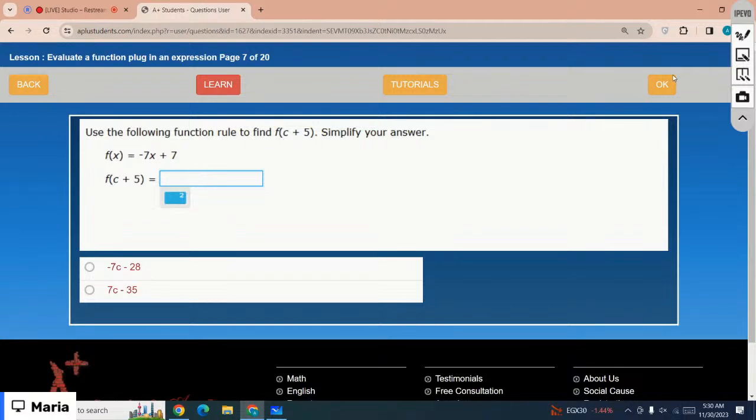Use the following function rule to find f of c plus 5. So, which is the correct option?